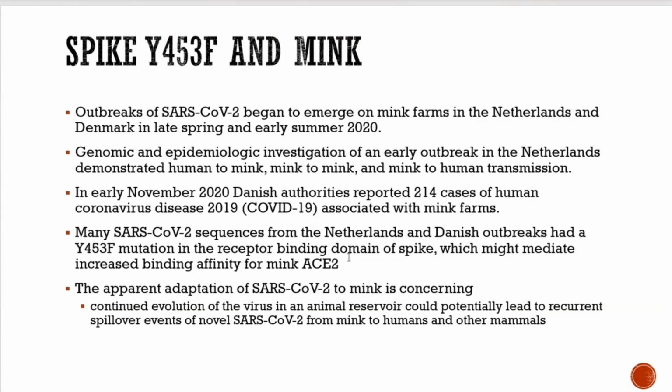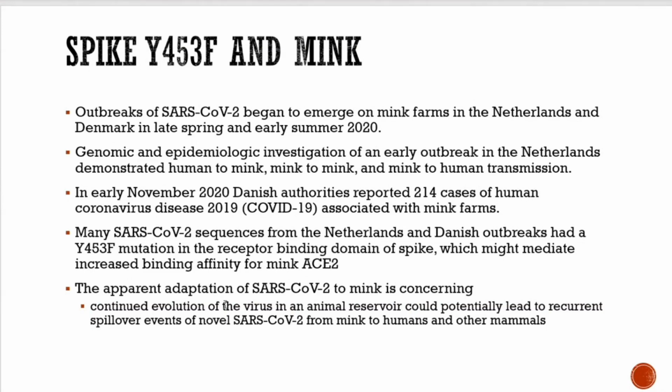Many of these SARS-CoV-2 sequences from the Netherlands and Danish outbreaks had the Y453F mutation in the receptor binding domain of the spike protein, which might mediate increased binding affinity for mink ACE2, right? So they use the same receptor to enter the cell.